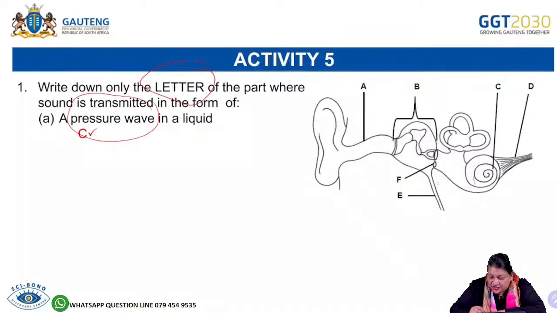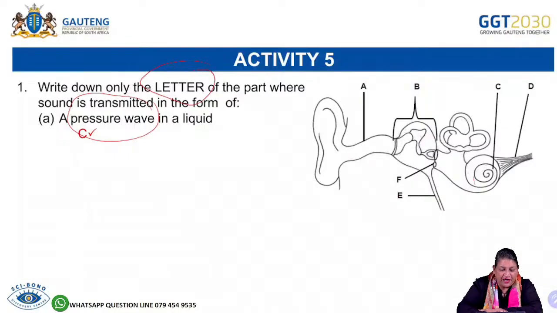Then here is the fluid. Now the semicircular canal has no letter, so we can't talk about the semicircular canal. We can't talk about the utriculus and sacculus. We can't talk about the oval window membrane. It creates the pressure waves, but there's no letter there, so we cannot say it's the oval window membrane, although the oval window membrane creates pressure waves in the cochlea.